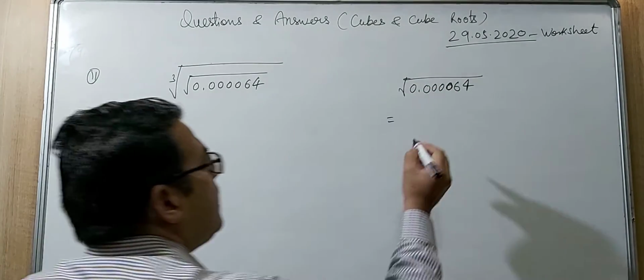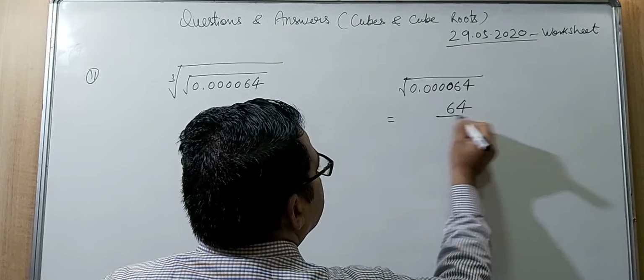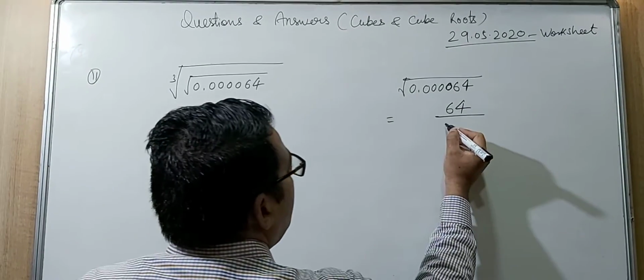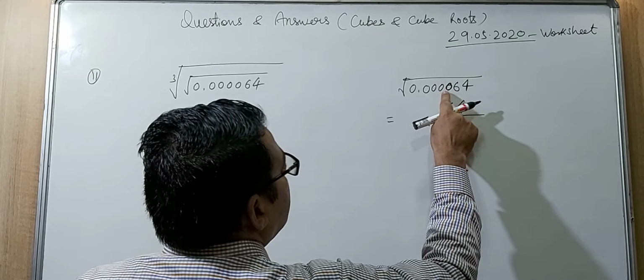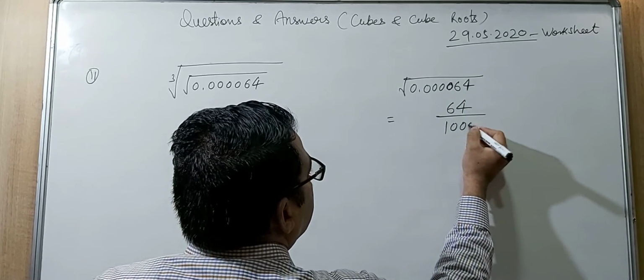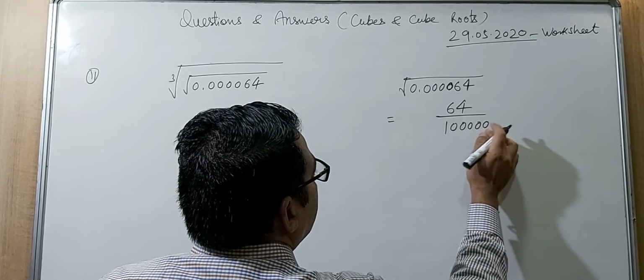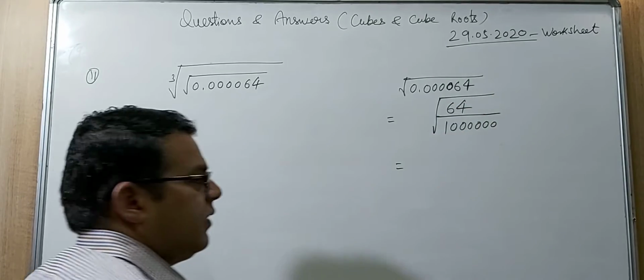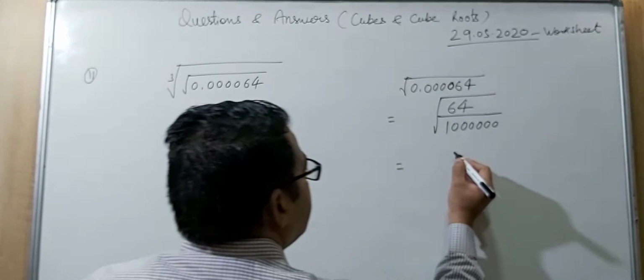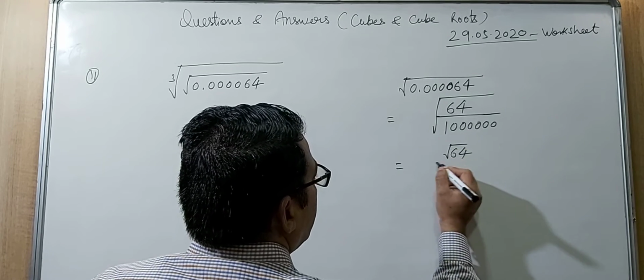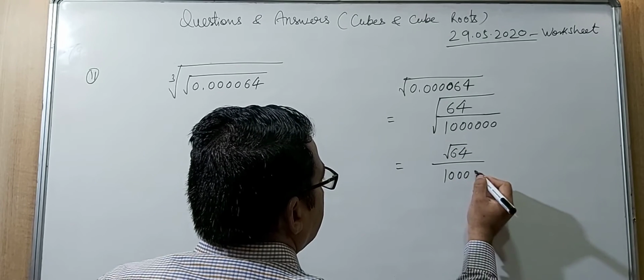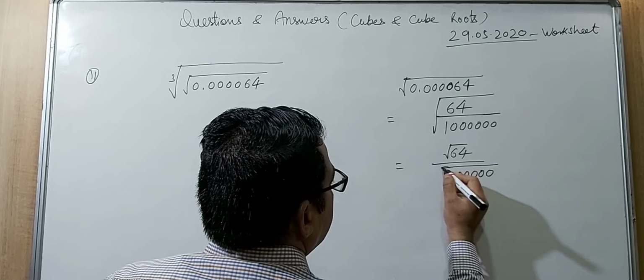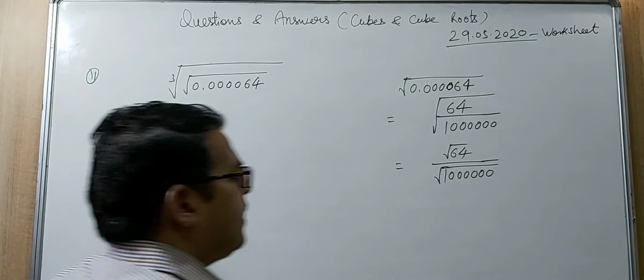How can we find it? Again, very simple. Convert this decimal into a fraction. How? 1, 2, 3, 4, 5, 6. So we can write it like this: square root of 64 upon square root of 10 lakh.